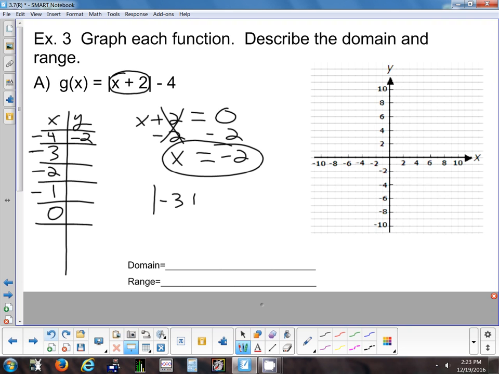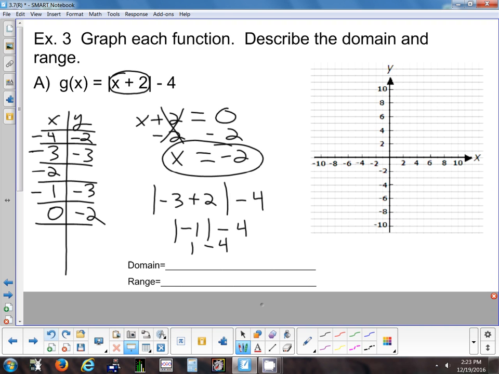Absolute value of -3 plus 2, take away 4. What's -3 plus 2? -1. What's the absolute value of -1? 1. And what's 1 take away 4? -3. Now, where else am I going to see -3? What row? Right next to -1. And where am I going to see -2?